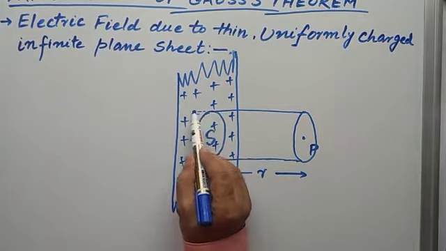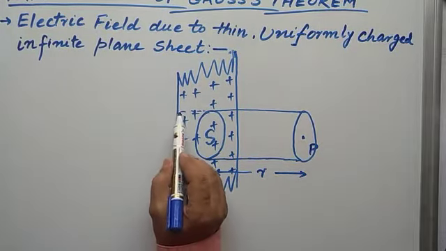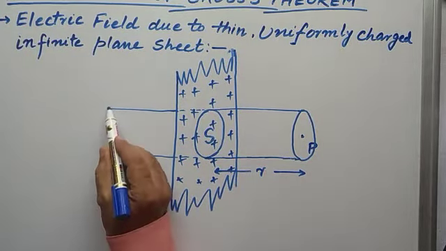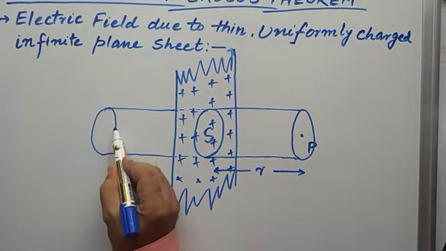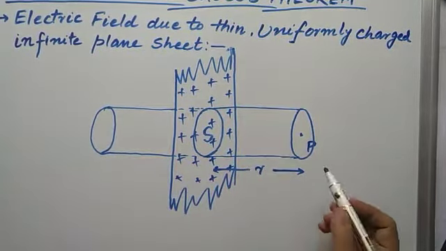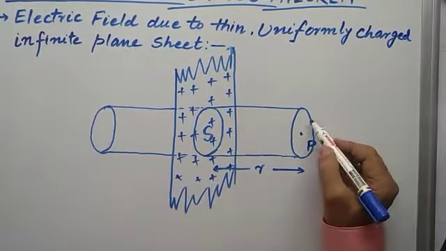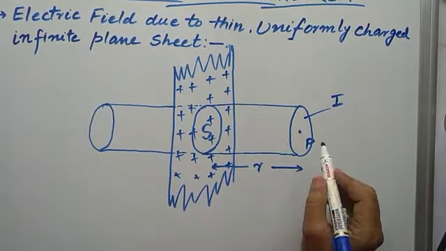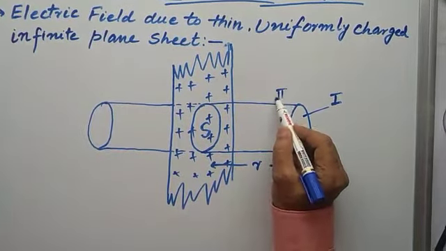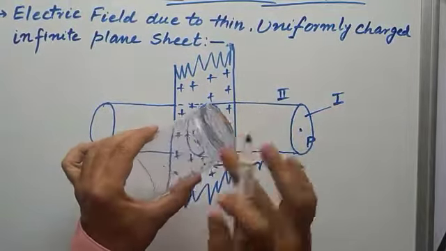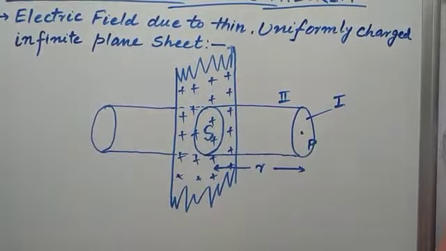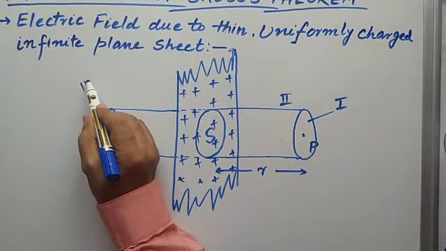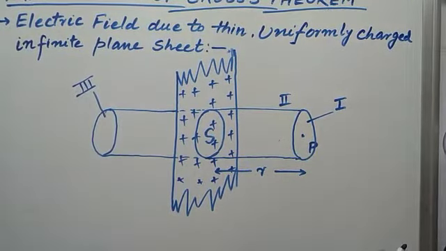To close the Gaussian surface, we complete the cylinder this side also, like this. Now, as discussed earlier, it has three sections. Section number 1, end cap, plane surface. Section number 2, curved surface. Section number 3, this end cap plane surface.